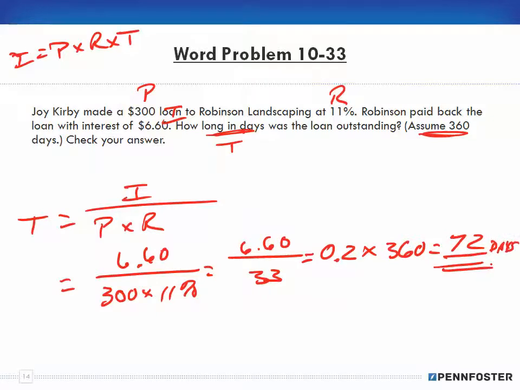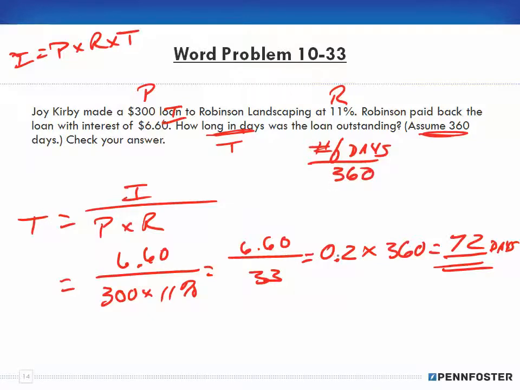Okay, that's our answer, 72. Now, the thought just occurred to me. A lot of you may be wondering why we're multiplying by 360 in this situation instead of dividing. Remember, when we were looking at exact interest or ordinary interest, we had the number of days over 360.